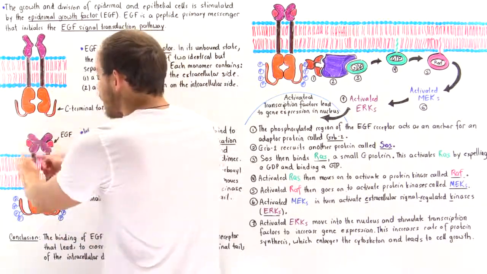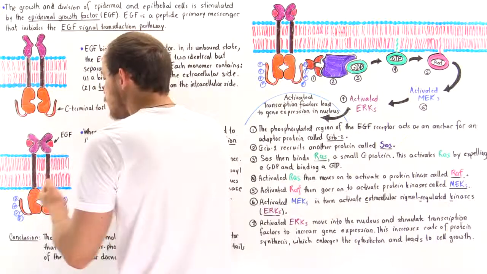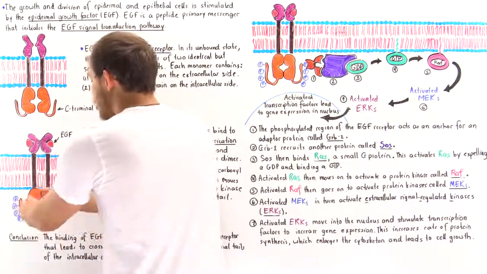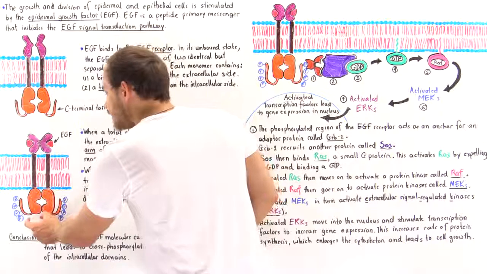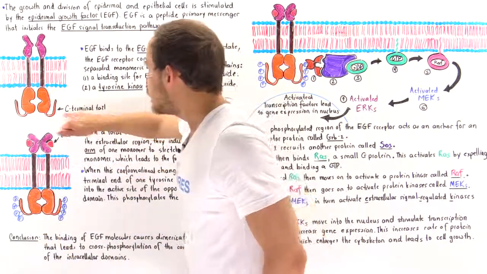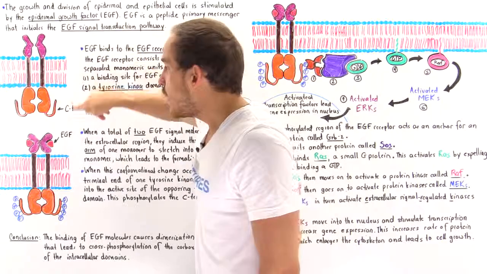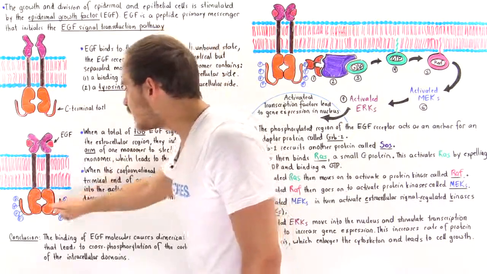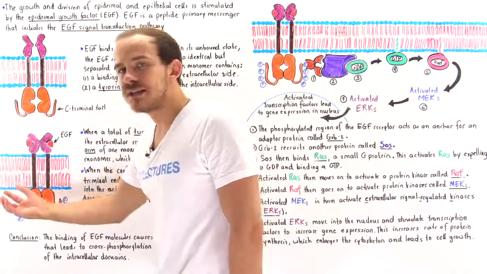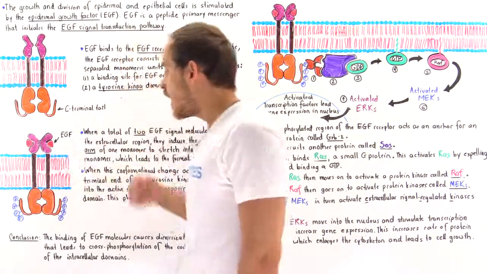So the conformational changes here lead to conformational changes here. And so what happens here is this C-terminal tail that we mentioned just a moment ago basically moves into the active site of that opposing unit.